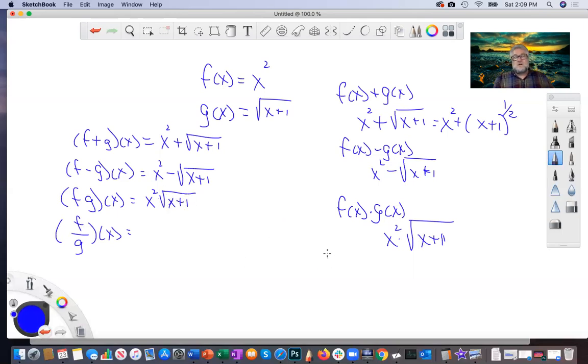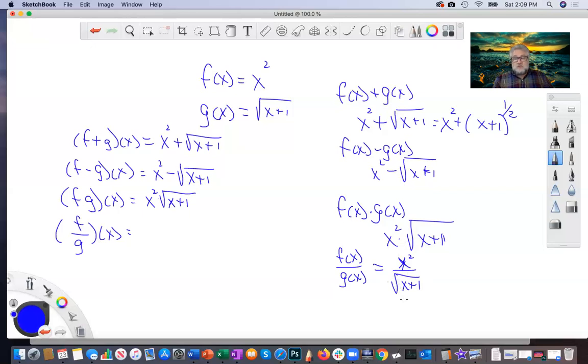Last one, f over g of x. We're going to need some more room for this one. So we can't divide x's and just leave a 1 down here or something. We can't interact with this stuff at all.